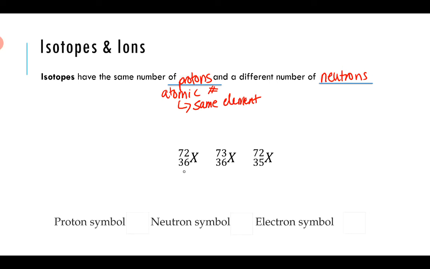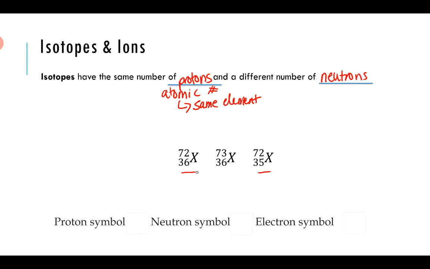So if you look at these three element symbols here, can you pick out the pair of isotopes? Go ahead and pause the video and try to pick out the pair of isotopes from the three of these. Okay, so it needs to have the same atomic number.